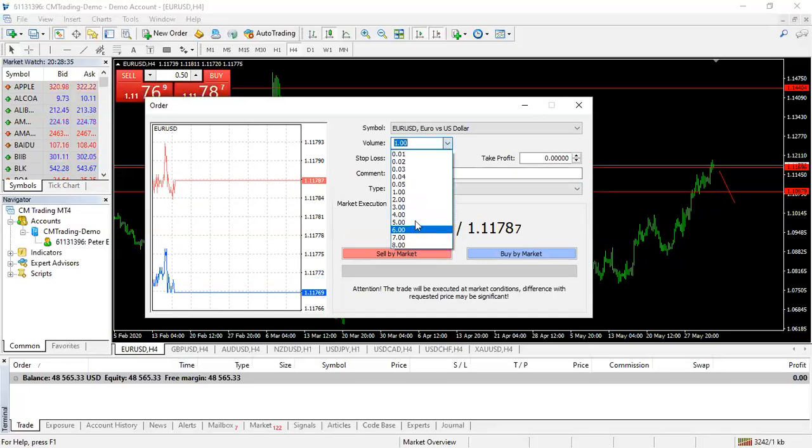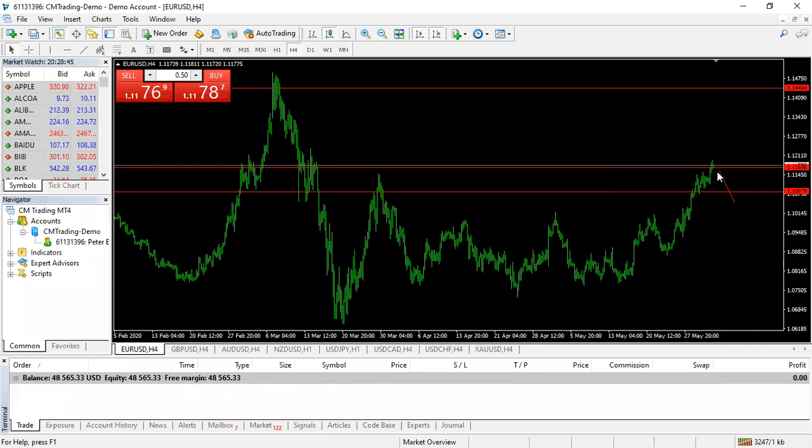So volumes go up to, depending on the broker, I think 100. Okay, but you need to be careful because, let's say this trade, let's say we have Euro USD, we have a risk of 70 pips. Okay, and we want to target whichever amount of pips this is.